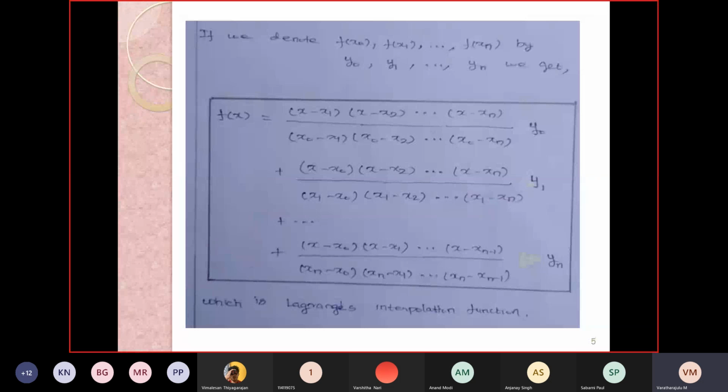I request the first top 5 to unmute your mic. Please be with us. Abhishek, number 1, number 3, Abhishek, number 6, Amula Sticker, number 8, Anand Modi, number 11, Ananjya Singh. Please unmute your mic till the session and please join with us. Arvind, you can also join with us.